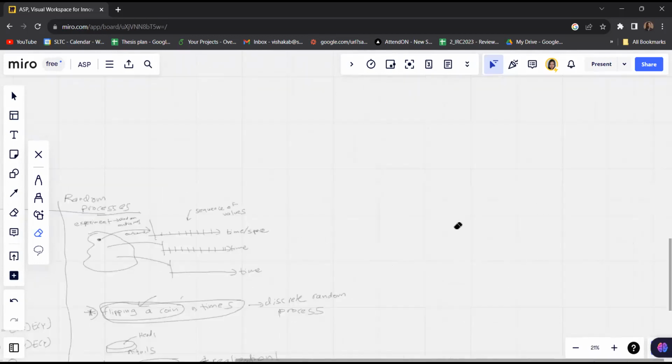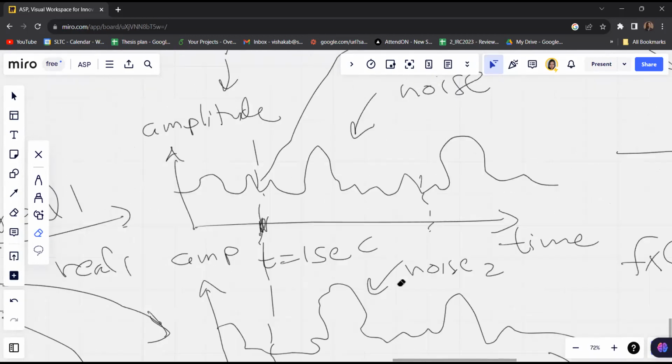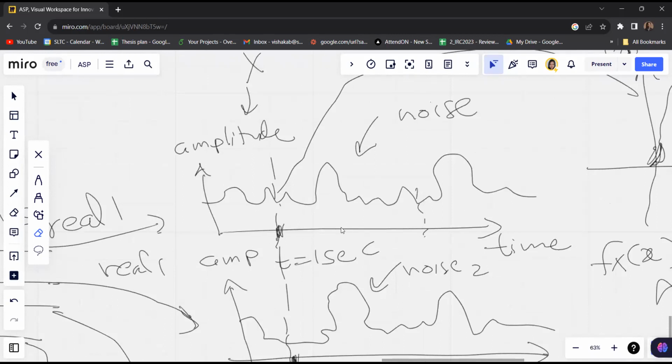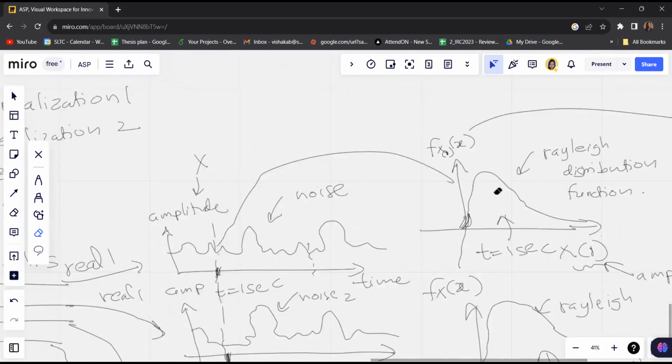In here, the random variable is actually the amplitude that we can take at time equals 1 second, right? So for this random variable, we can define a probability density function, where the random variable is x1. Whatever amplitude we can observe at time equals 1 is denoted as x1.